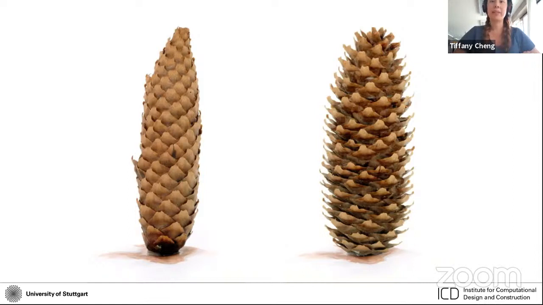And the pine cone does this technically as a dead organ or a dead tissue. In other words, it's disconnected from the supply of the living tree, meaning it's doing this without any energy, any metabolic energy.